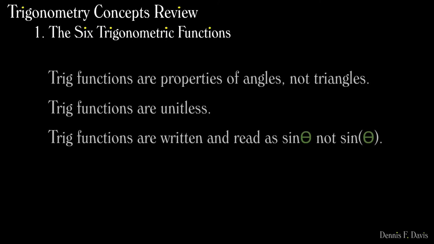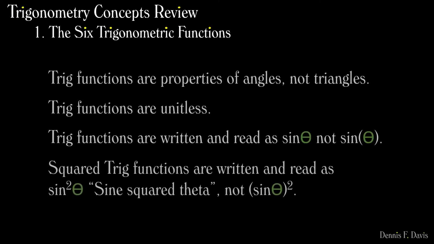There's a common verbal and written shorthand regarding trig functions, and you should be familiar with it. Finally, when we square trig functions, which we'll do a lot when we use the Pythagorean theorem, we write the exponent 2 between the function abbreviation and the angle variable. This would be read out loud as sine squared theta, not sine of theta squared. It's a little different, but you'll get used to it.